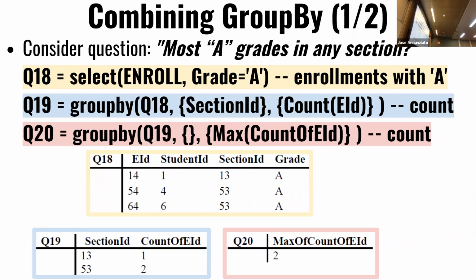A hack way of answering this is to join these two, do a join where the maximum is equal to the count. Then in that join you can ask which section it is, and it gives you 53. But that's a little bit of a hack. So we'll see that that's the result of how group by is calculated.